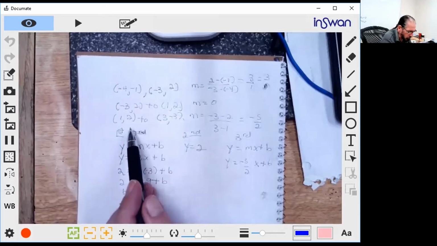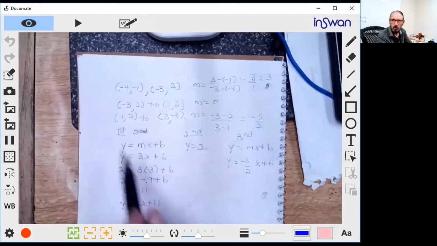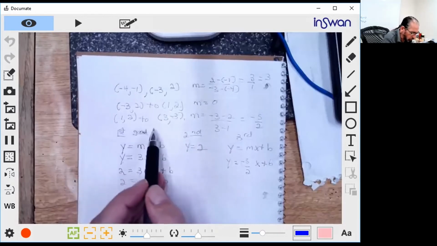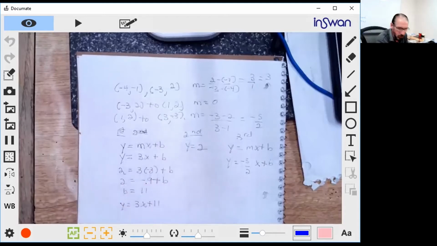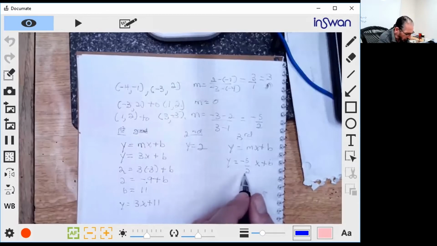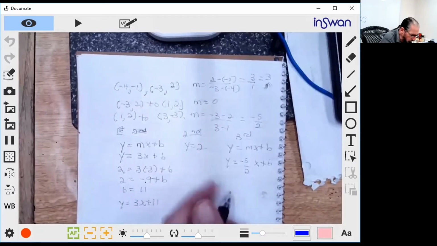And 2 points on that third segment there are the 1, 2, and the 3, -3. Pick whichever you like, plug in for x and y respectively, and solve for b.